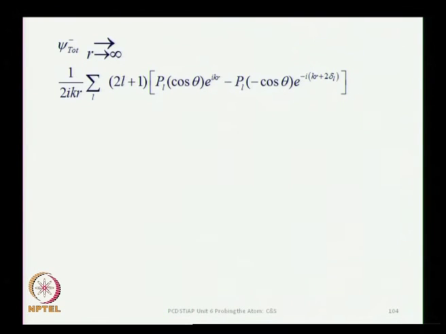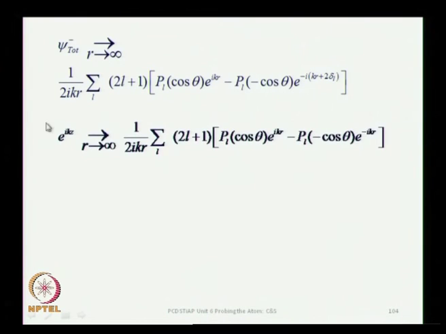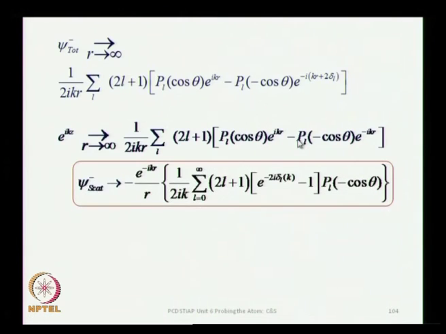Now what do you get? You have the incident plane wave which we have written earlier in this form already. This is the scattered part, because if you subtract this from the total you will get the scattered part, right.